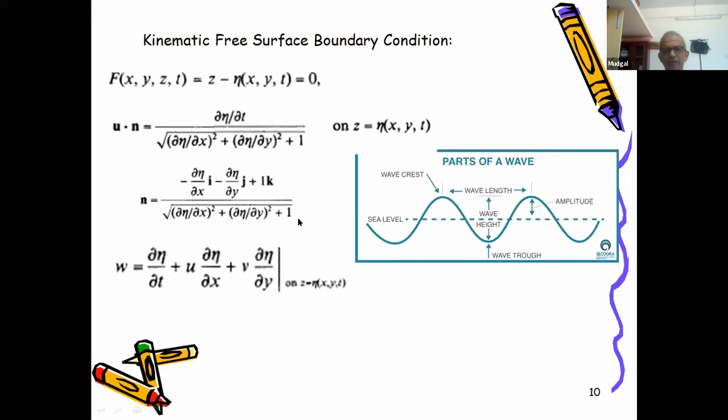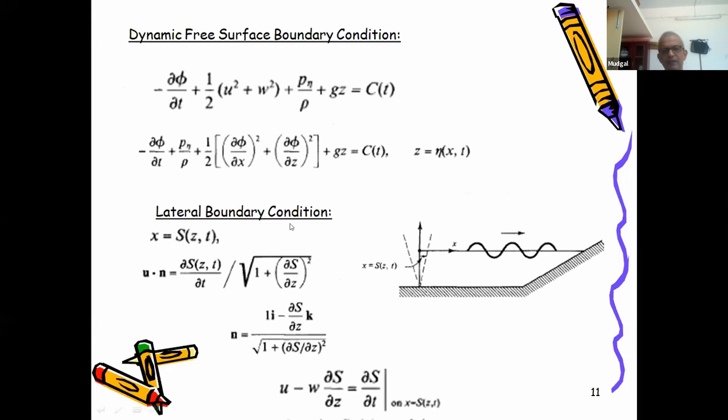Similarly, we can have the dynamic free surface boundary condition. For this, we need to use the energy equation. And what is the energy equation? It is nothing but the unsteady Bernoulli's equation. And always remember that Bernoulli's equation is again applied only to streamlines.